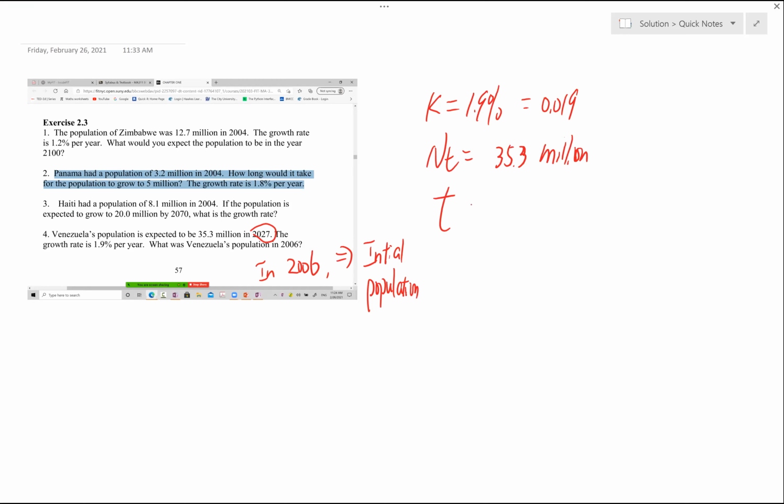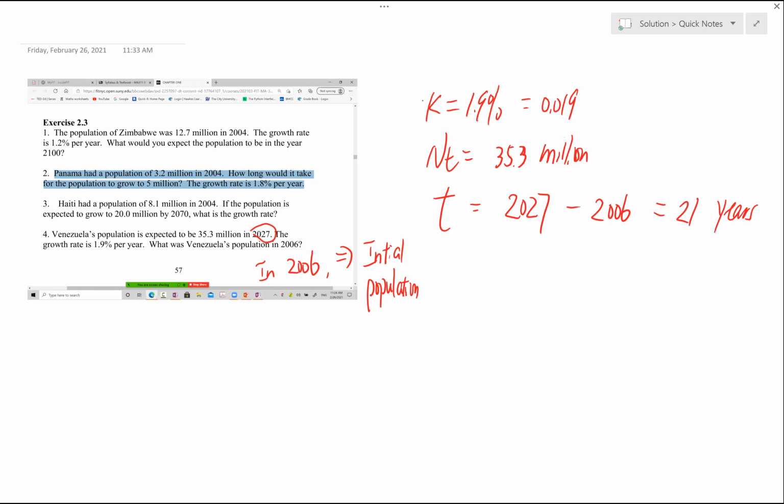We also know time T: between 2006 and 2027 there are 21 years, using 2027 minus 2006. The difference is the time T in years, so this is 21 years.